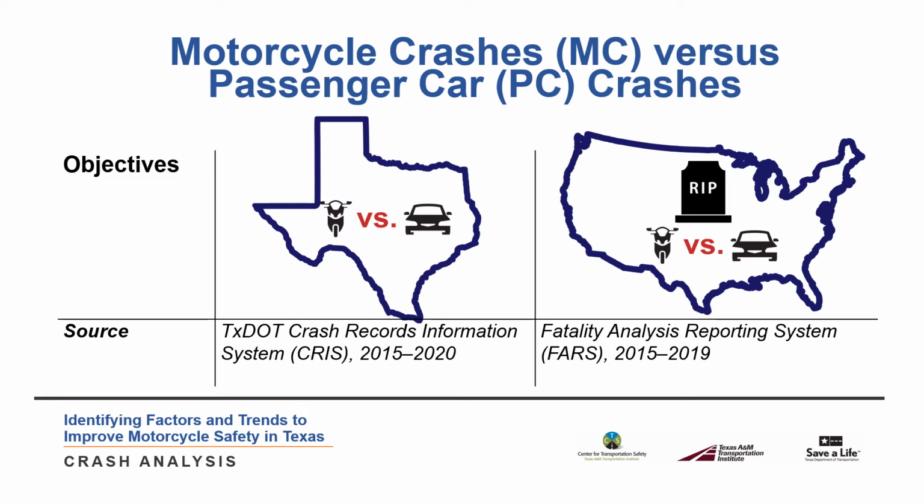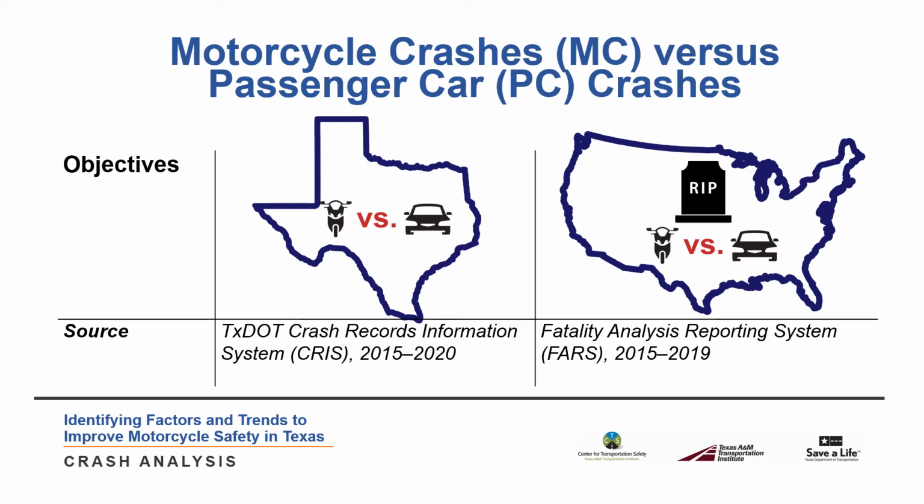The second objective of this project looks at data comparing fatal motorcycle crashes in Texas versus the United States. The years for the analysis covered 2015 to 2019. The most recent year available for the Fatality Analysis Reporting System, commonly referred to as FARS data. These data are available from the National Highway Traffic Safety Administration's website.